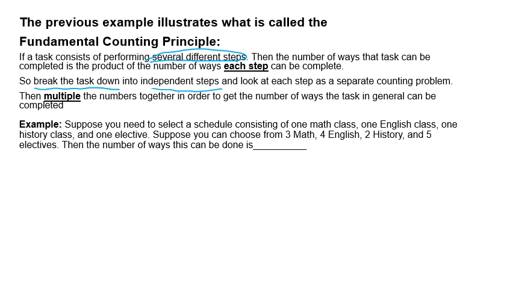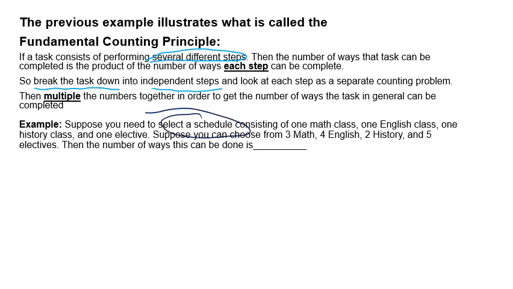So for example, suppose you need to select a schedule which will consist of 1 math class, 1 English class, 1 history class, and 1 elective. Suppose you can choose from 3 math, 4 English, 2 history, and 5 electives. Then the number of ways this can be done is, well, my task is to come up with a schedule, right?